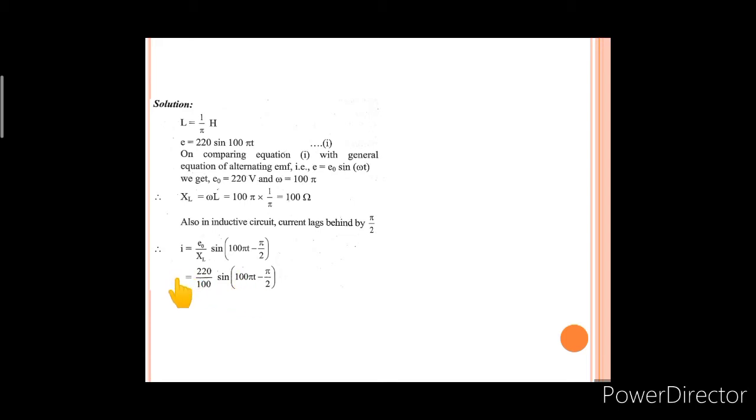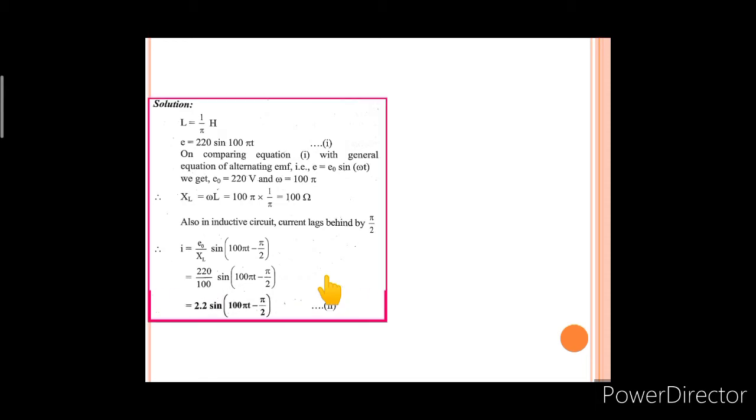So I is 220 upon 100 into sin 100 pi t minus pi by 2. Solving the ratio 220 upon 100, we get 2.2, and hence the equation for the instantaneous current I is 2.2 sin 100 pi t minus pi by 2. Give it as equation 2.